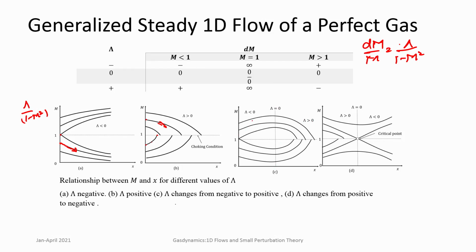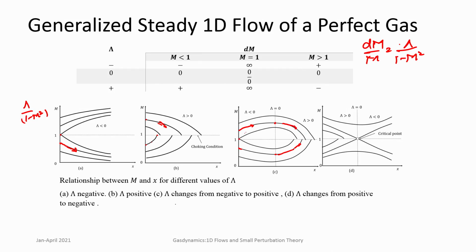If you consider such an effect, then initially if lambda is negative, a subsonic flow will decelerate, then lambda will become 0, and after that it will accelerate again. Similarly, a supersonic flow will first accelerate, increasing Mach number, lambda will become 0 and then it will decelerate.